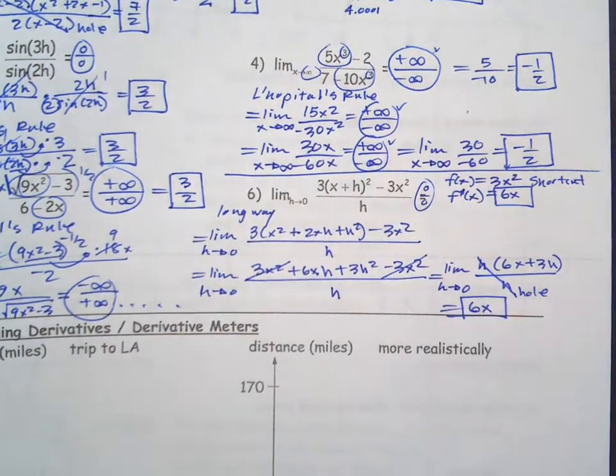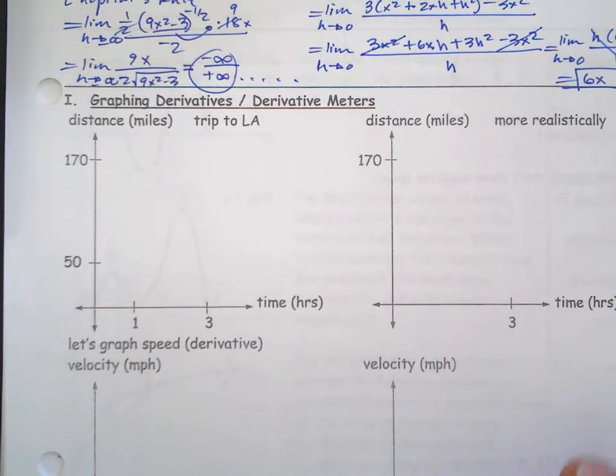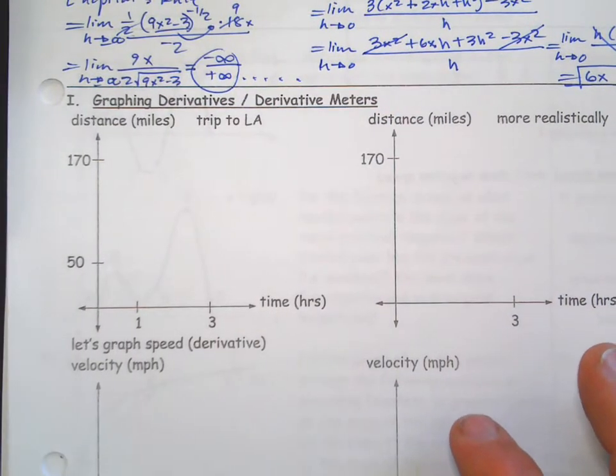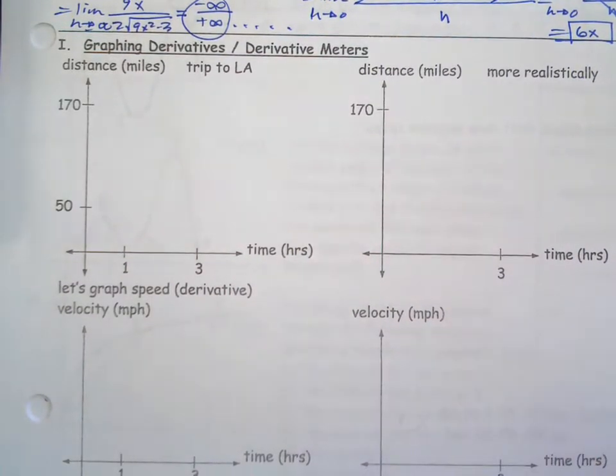Okay, so that was a good review, warm up. Now today we're going to talk about graphing derivatives and maybe connect it to some motion problems. You're going to have questions about this kind of stuff on your test.